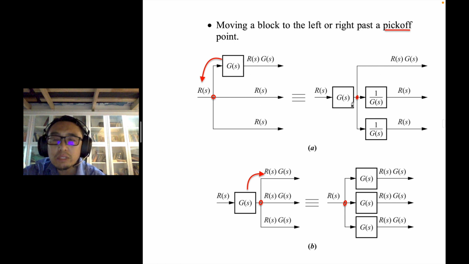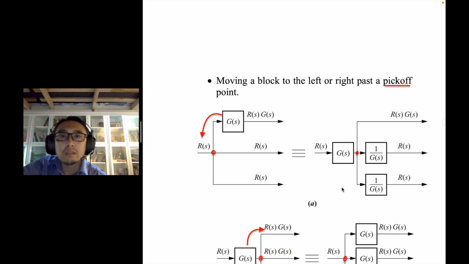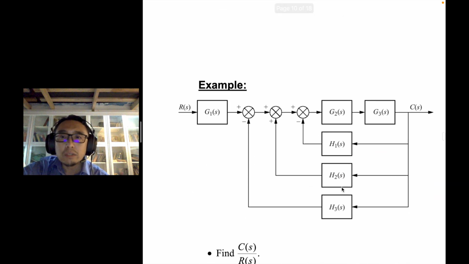If originally there's no block on the signal here, then you need to add a block there. Whereas in this case, if originally it is RG and you want to move after the pickoff point, then you have to add these blocks into all the signals going out of the pickoff point. So let's look at an example.